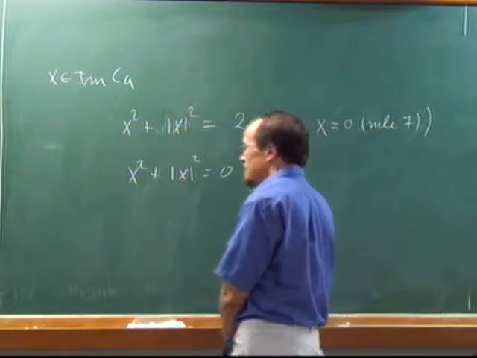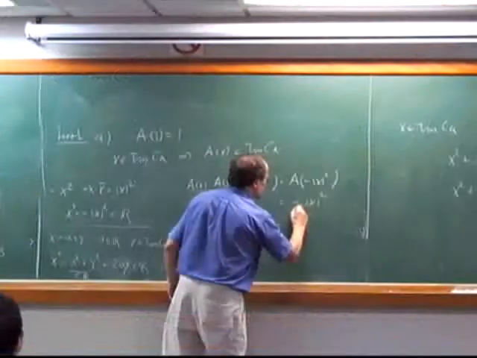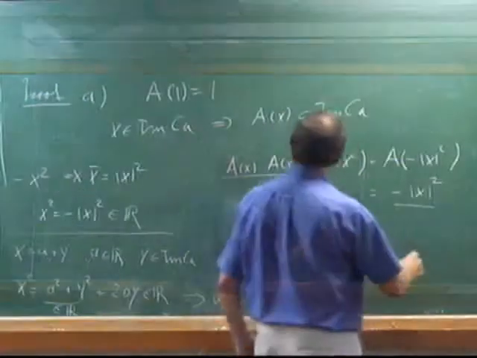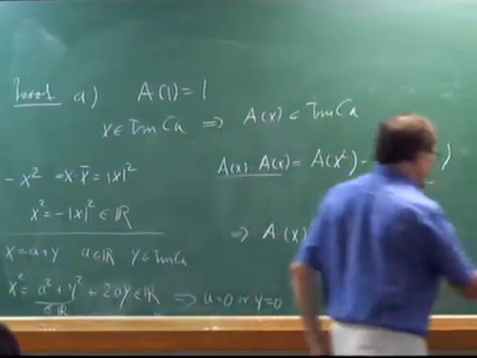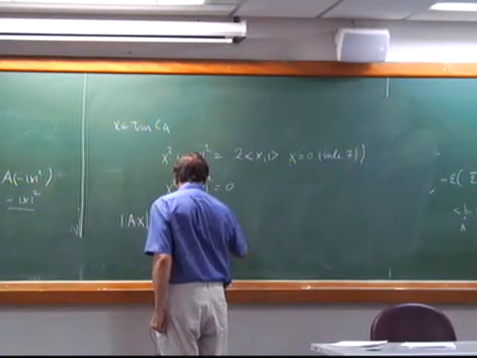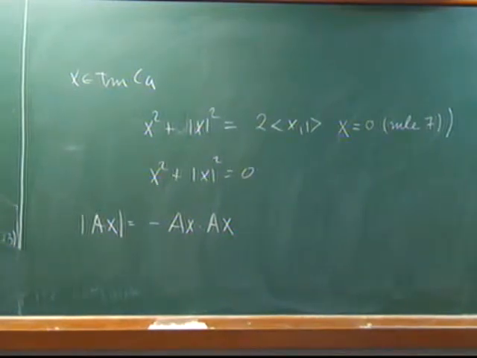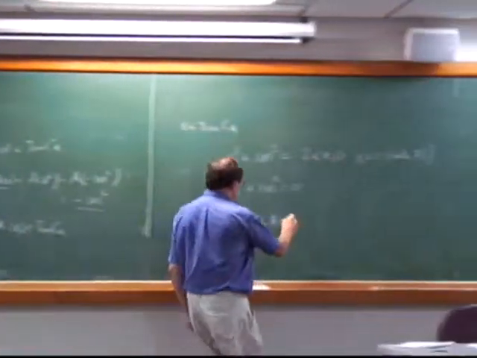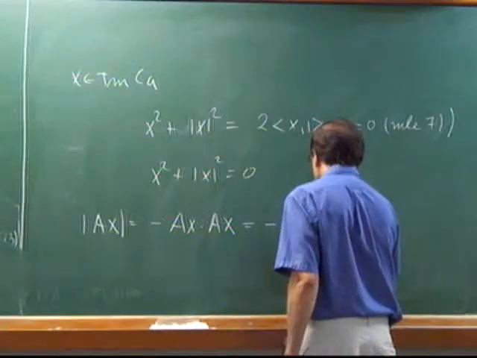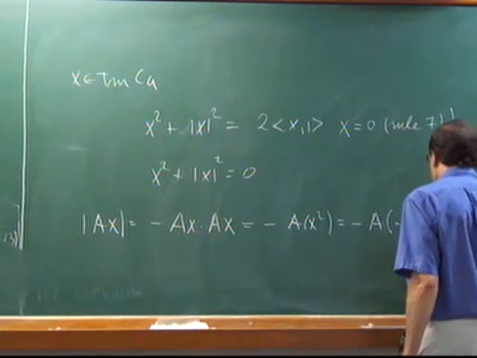Oh, in fact, I'm repeating myself, right? We've already done this. Look at this. What's norm ax? I already know it's imaginary, so it's minus ax times ax. This was general for an imaginary number. The product by itself is minus the norm. Now I can say again that's minus a of x squared. It's minus a of minus norm x squared.